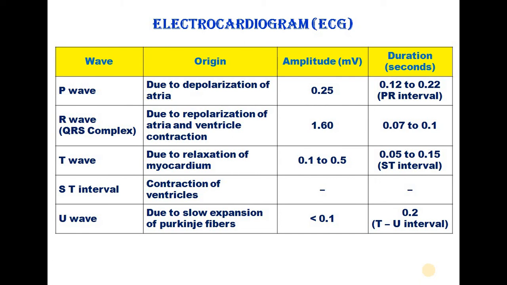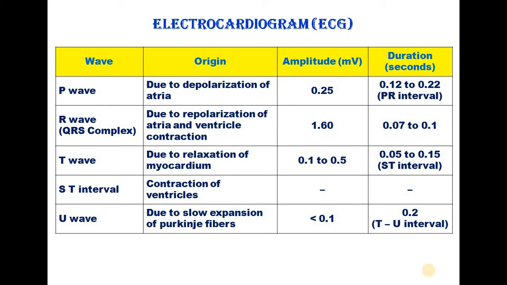Now let us see the amplitude and time duration of the PQRST waveform. As we all know, P wave is due to the depolarization of the atria. Its amplitude is 0.25 millivolt and time duration is 0.12 to 0.22 seconds. The R wave, otherwise QRS complex, is due to the repolarization of atria and ventricle contraction, with amplitude of 1.6 millivolt and time duration 0.07 to 0.1 seconds.